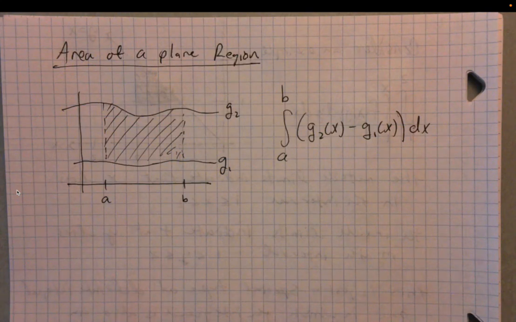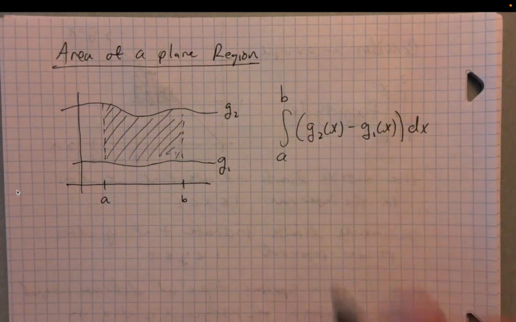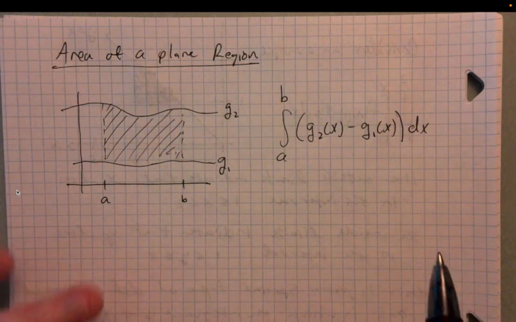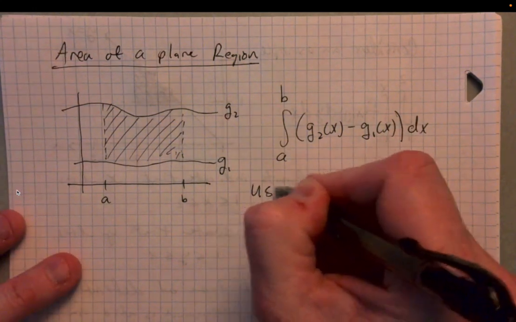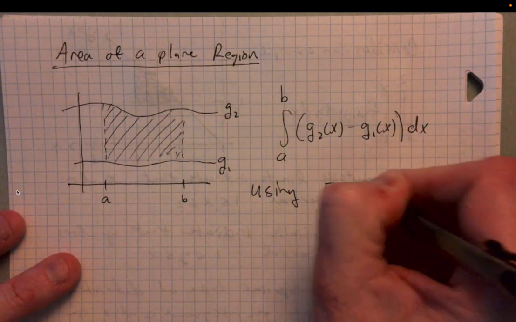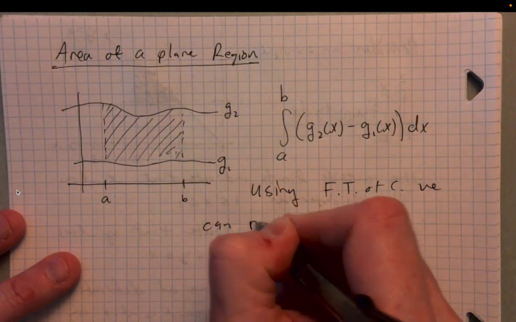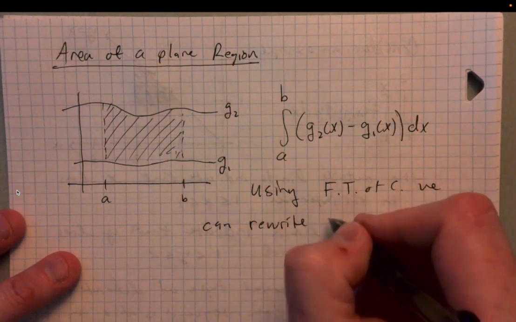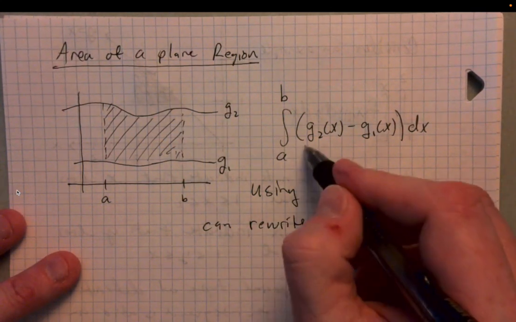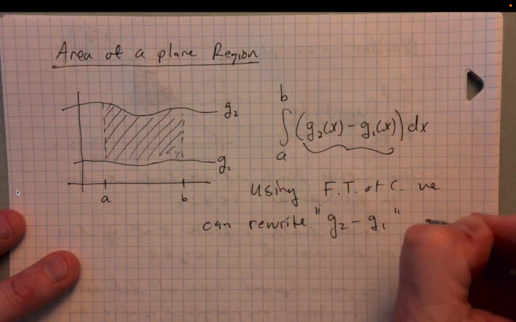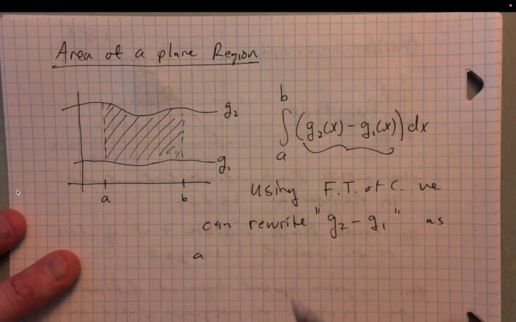Using the fundamental theorem of calculus, however, we can rewrite this interior piece, g2 minus g1, specifically as a definite integral itself.